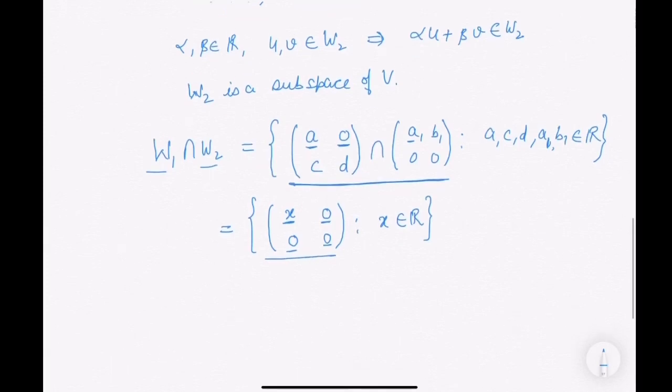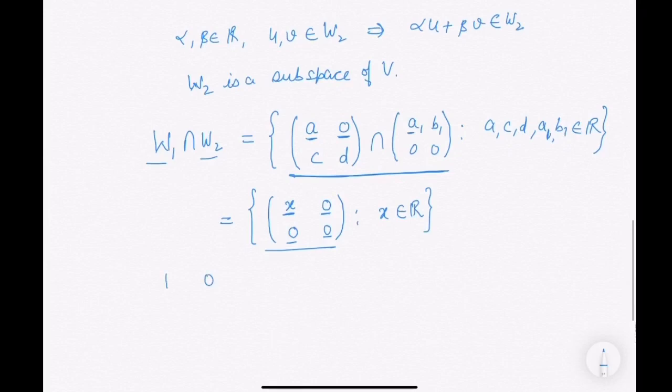For example, if we take 1 0 0 0, then this belongs to W1, as in case of W1 this element is A equal to 0, and B equal to 0, and C equal to 0, and here D equal to 0.